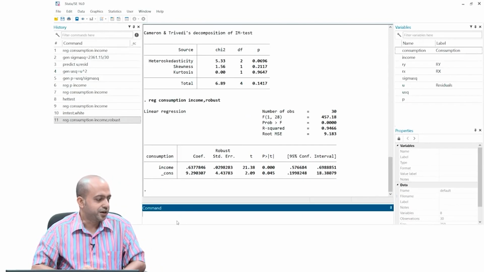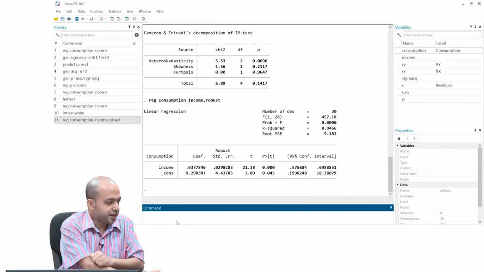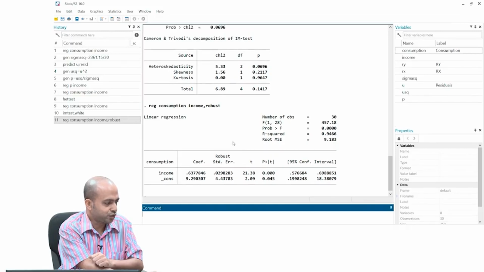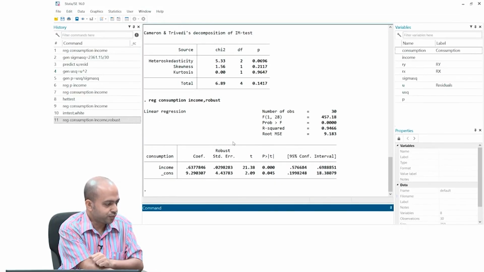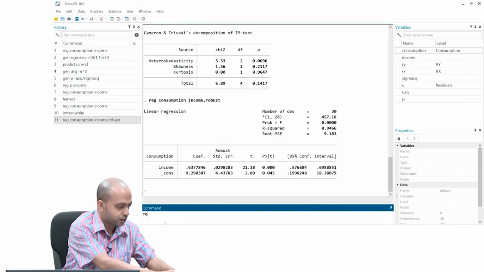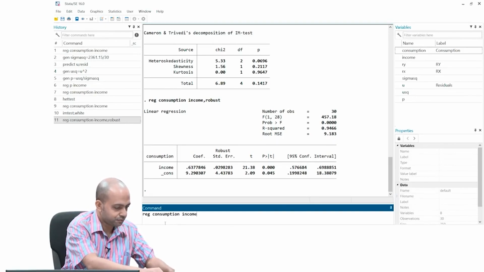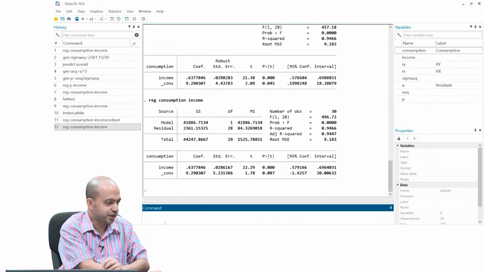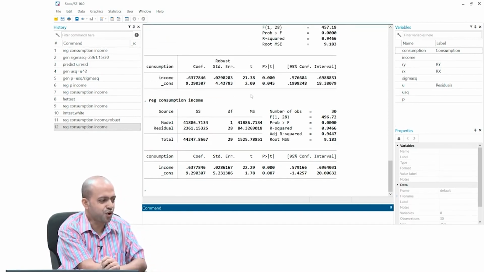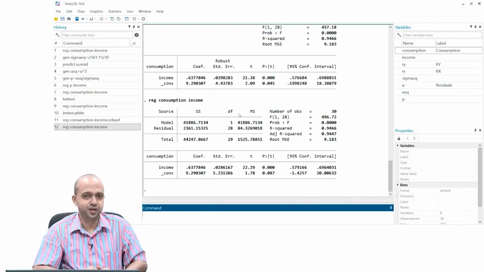Now, you see the standard error for the income coefficient is 0.0298, and in your original model, if you run simply reg consumption on income, then your standard error is basically 0.0286. So, there is not much of a difference in the standard error.